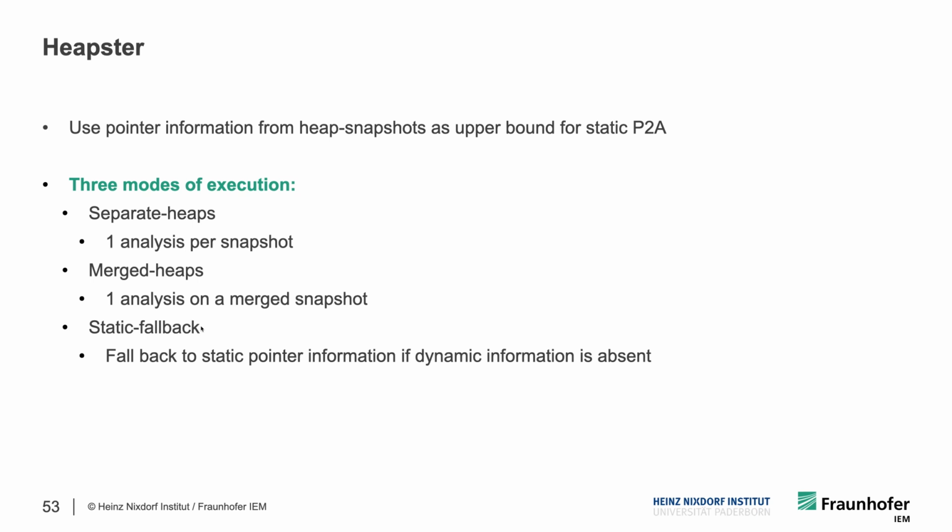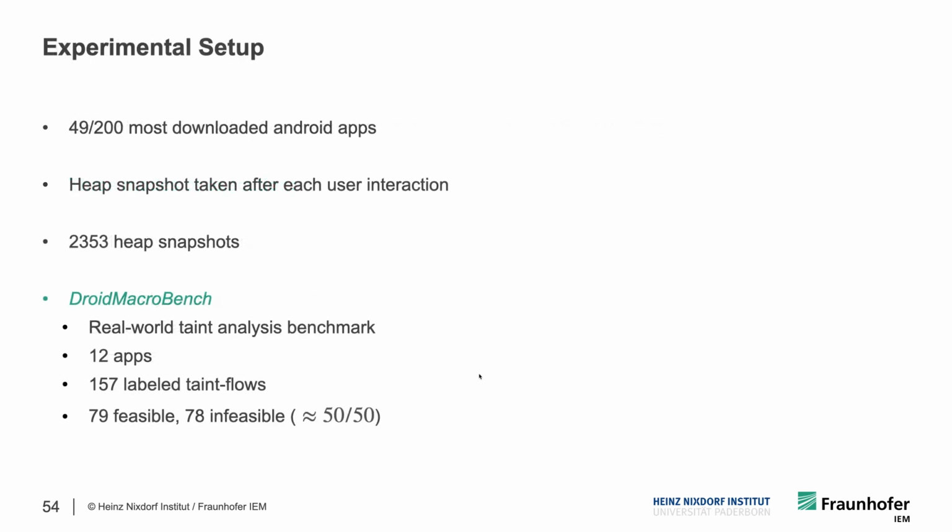That was collected at runtime, but we might see statically some certain fields of certain classes for which no pointer information was collected, simply because these fields were not accessed during the observed run. And in this case, for these fields, we would then fall back to static pointer information. Okay, so if dynamic information was absent, we would use static information instead.